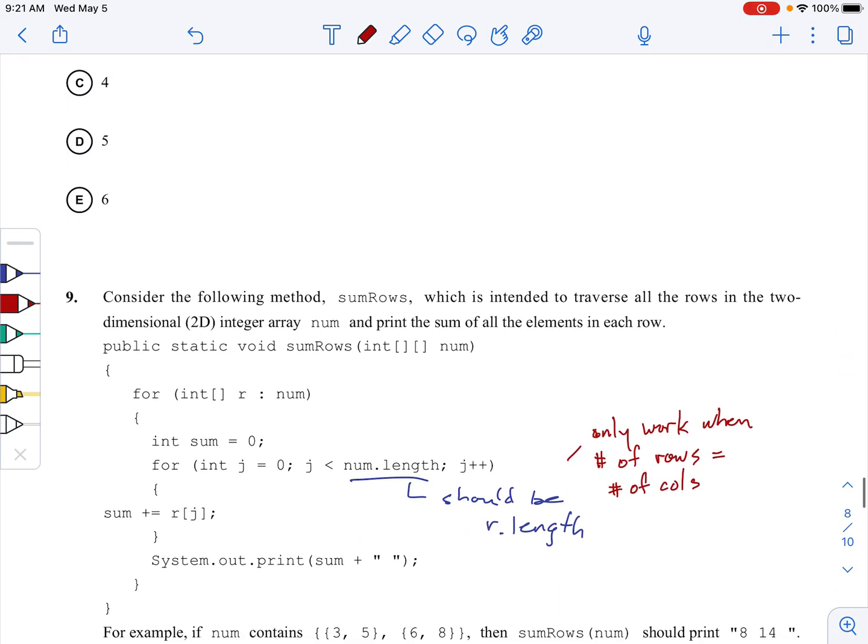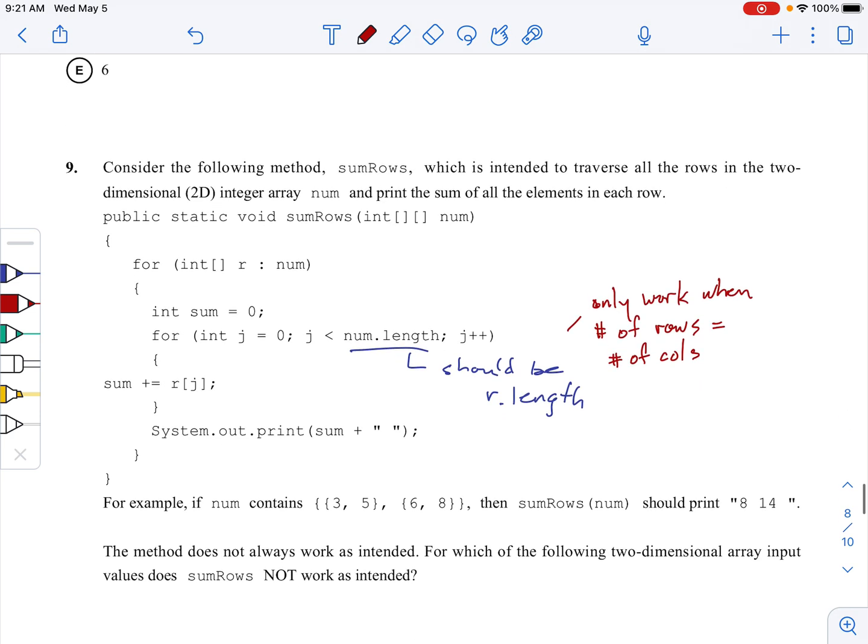Number 9. This only works, so you had to pay attention to what was happening here. Num dot length is the number of rows. Okay, that is the rows, and you are trying to figure out and sum up each row.